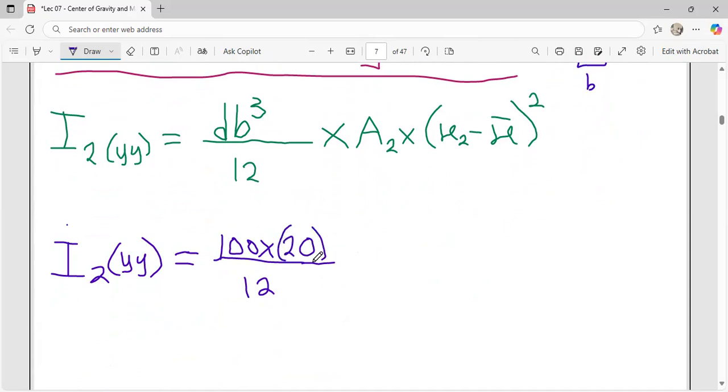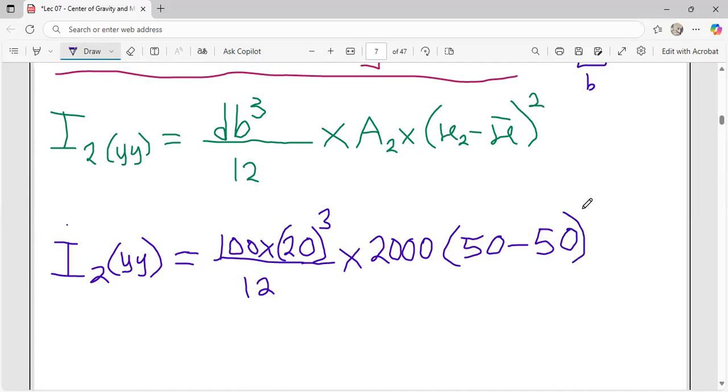All cube. Times the area. The area, we all know that it is what? We had 2,000. The area of part 2. We had 2,000. Times what? The Y2 was what? 50. Because their center of gravity is intersected, we saw that minus 50, all squared.